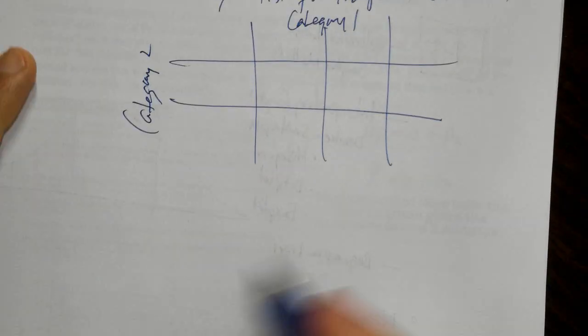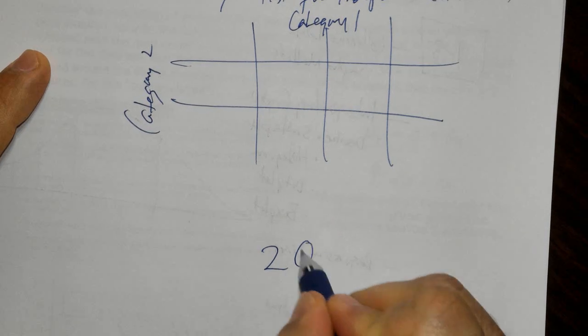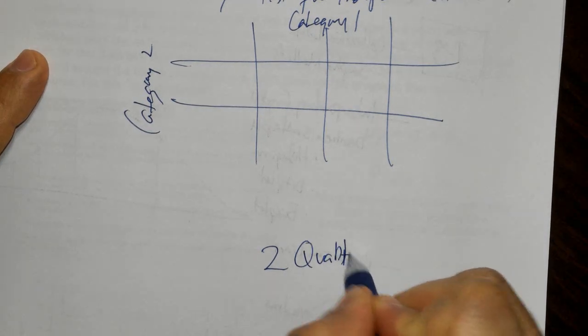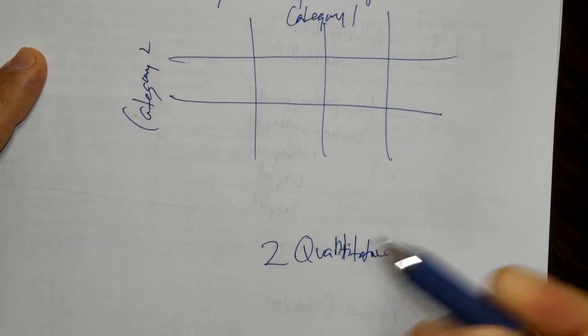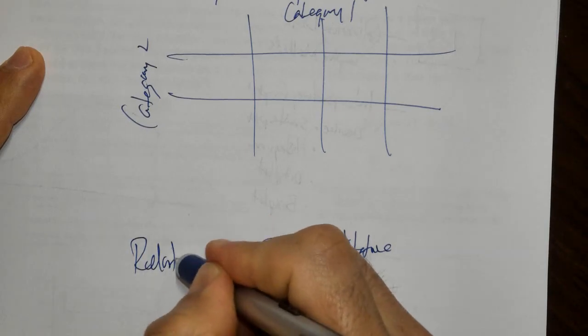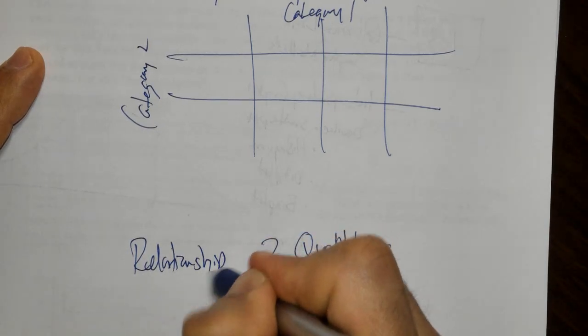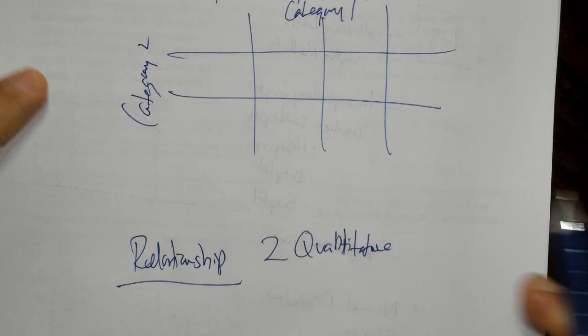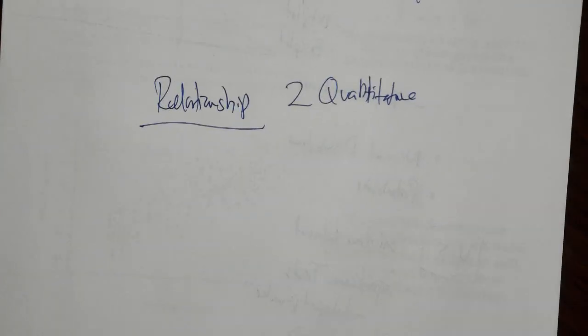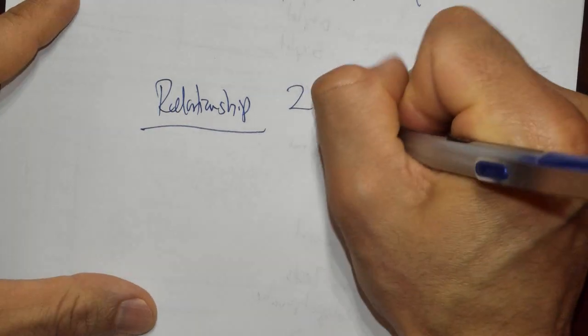Well, when you're looking at the relationship between two quantitative variables, let's say, is there a relationship between the height of someone and how much ice cream they eat, or their body weight, or any two quantitative variables that you're comparing, right? Numerical values here.